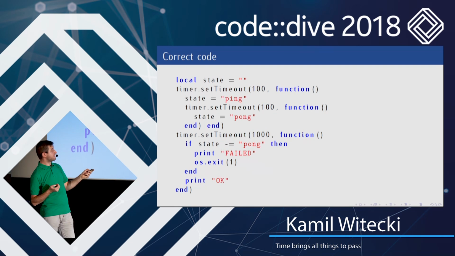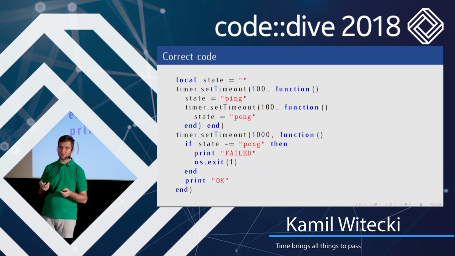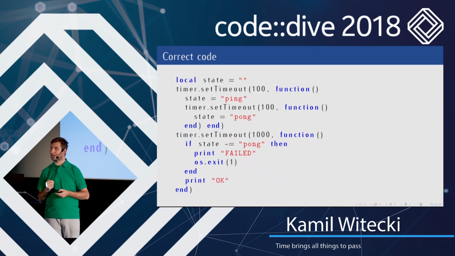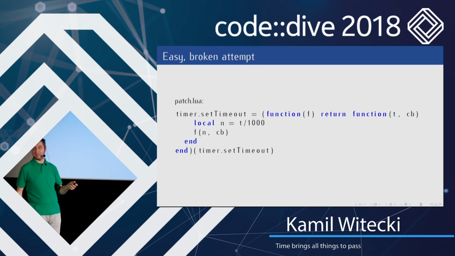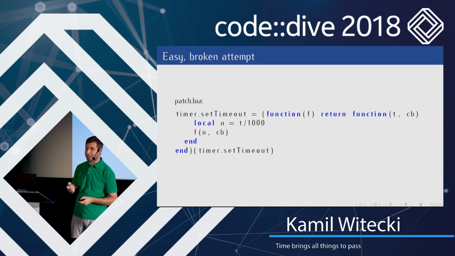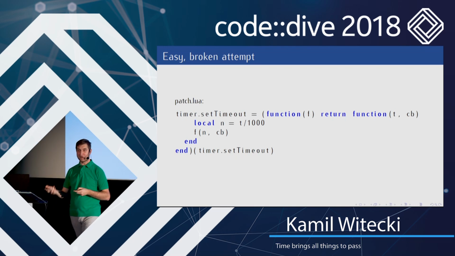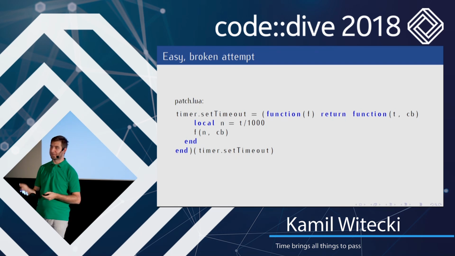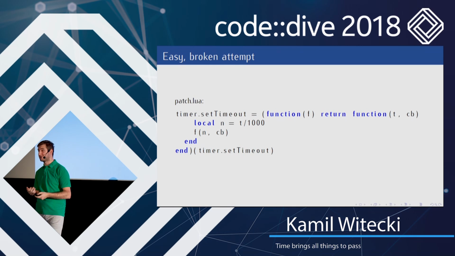And now, a very naive approach to making the whole testing time faster would be to just intercept the timeout setting method and divide our timeout by 1000. So 100 milliseconds would become 0.1 and 1 second, or 1000 milliseconds, would just become 1 millisecond.